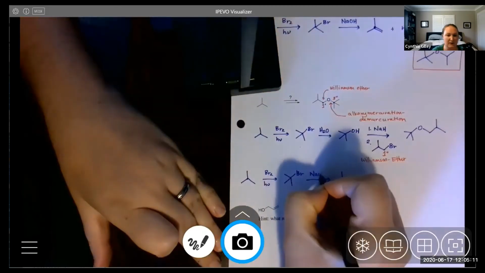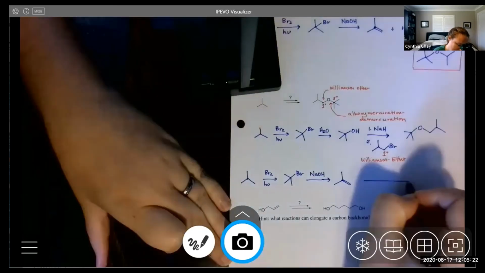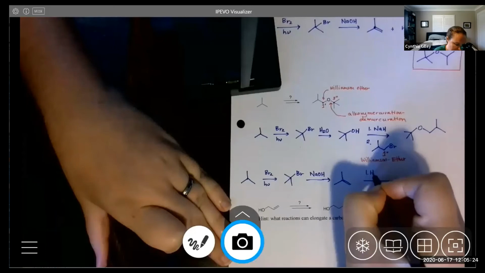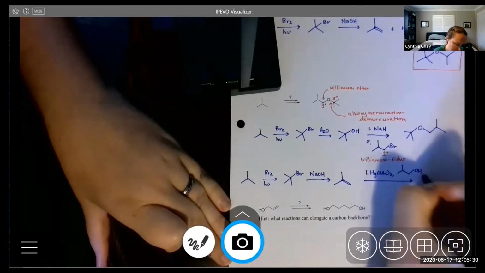Any base works, bulky or not bulky, because it's a tertiary carbon. So once I do this one, then I can go ahead and do an alkoxymercuration with that alcohol.